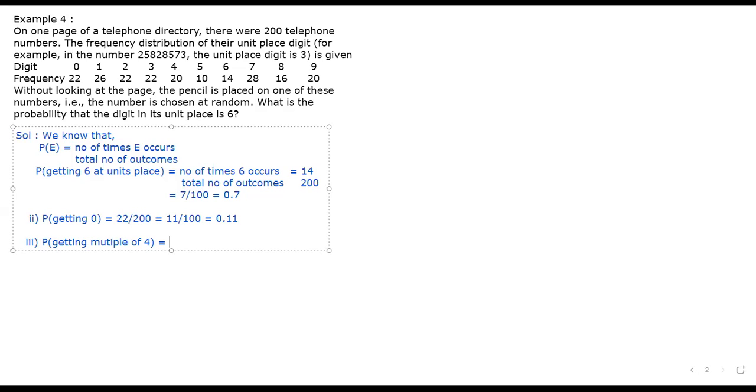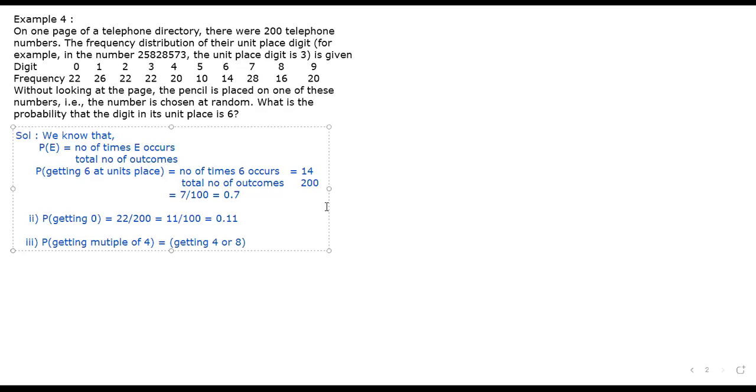Getting a multiple of 4. Getting a multiple of 4 means what? That means getting 4 or 8, because 4 and 8 are the multiples of 4.